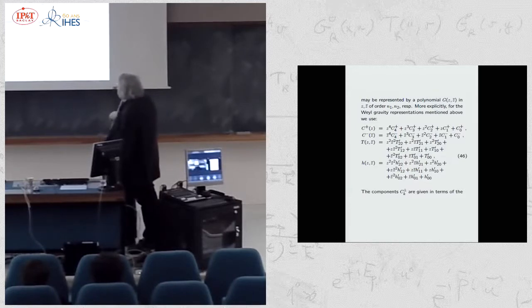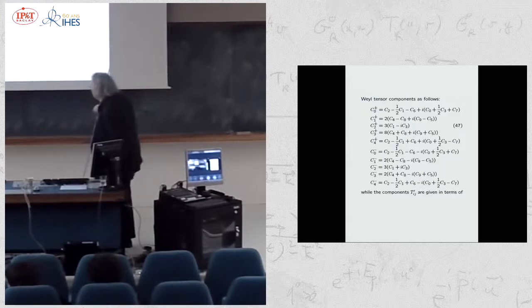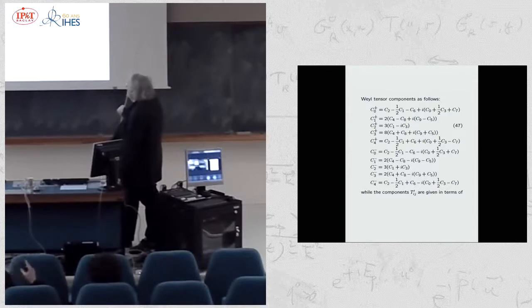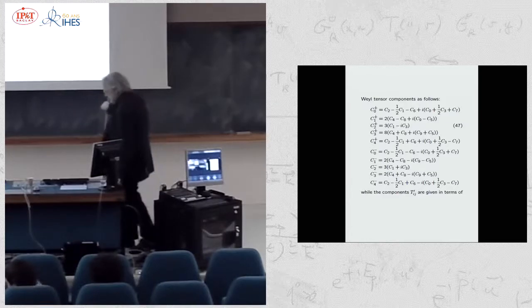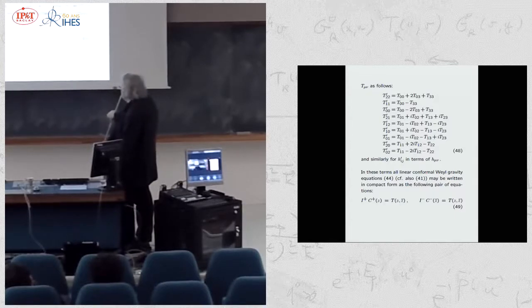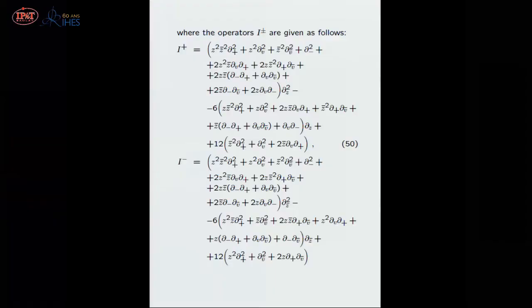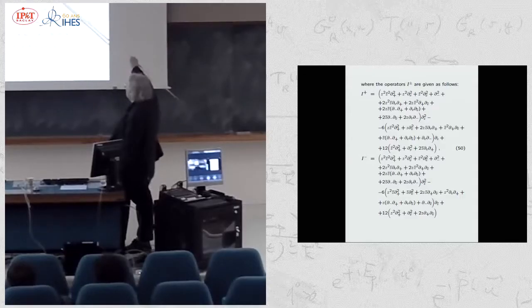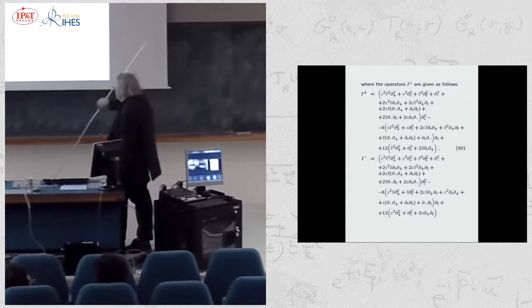The Weyl tensor components are given in this way. Certainly this is not very spectacular, but again, I am succeeding to write the conformal equations in a very similar way as I was writing the Maxwell ones. Of course, here the I plus and I minus, because they are polynomials of higher degrees, have more terms. Okay, that's life.